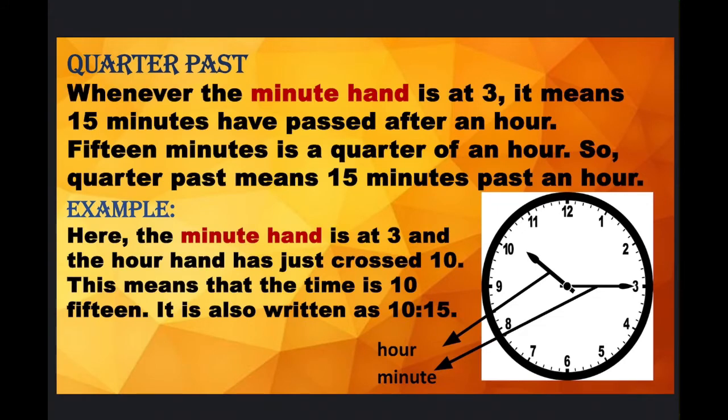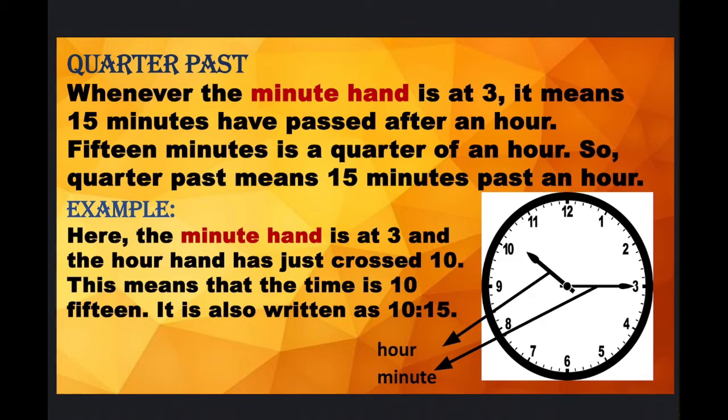Quarter past. Whenever the minute hand is at 3, it means 15 minutes have passed after an hour. 15 minutes is a quarter of an hour. So, quarter past means 15 minutes past an hour.